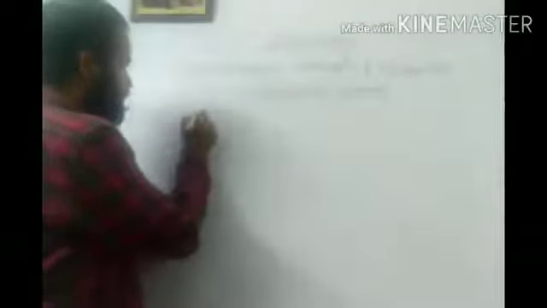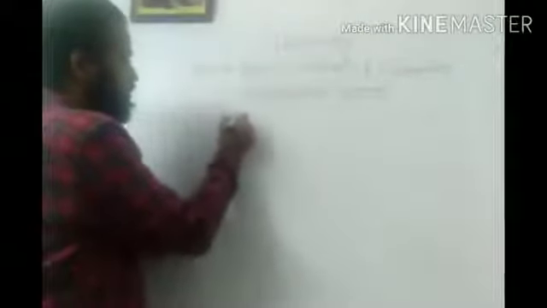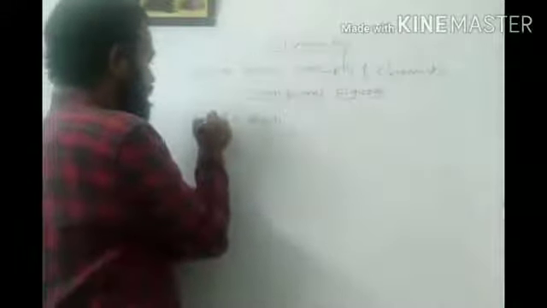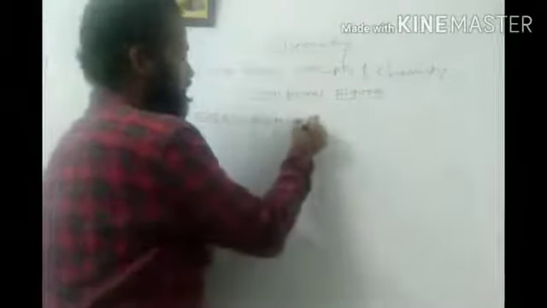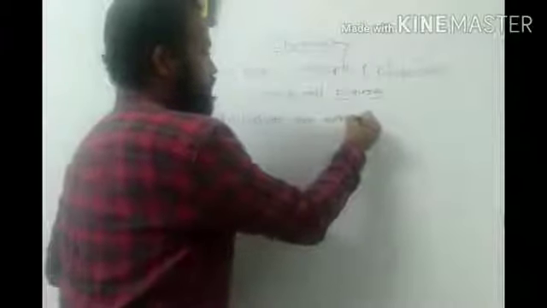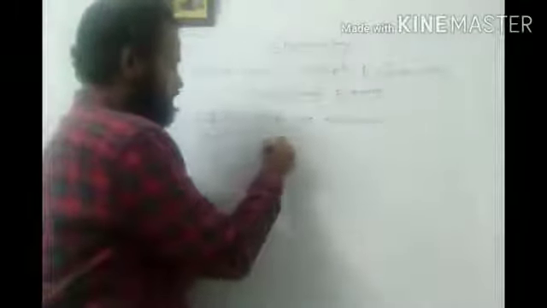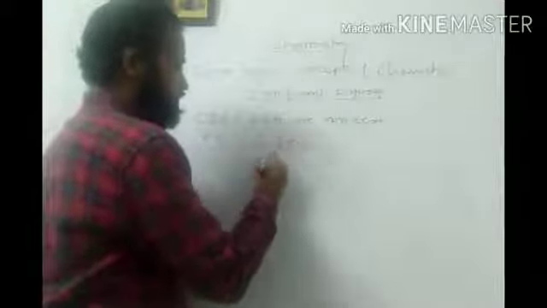So what is the first rule? If all digits are non-zero, then these are known as significant figures. For example, let us say 4.352, a given number.